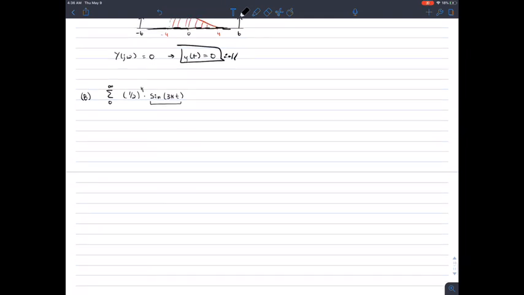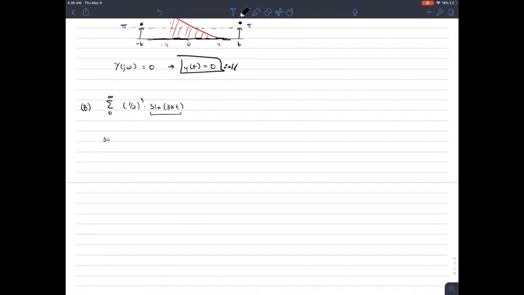So if you look at your sheet, sine omega naught t is going to be equal to pi over j times delta of omega minus omega naught, minus delta of omega plus omega naught.